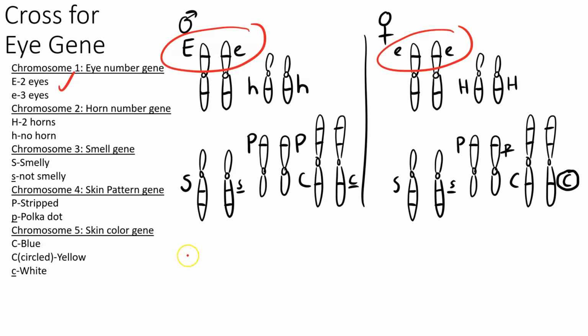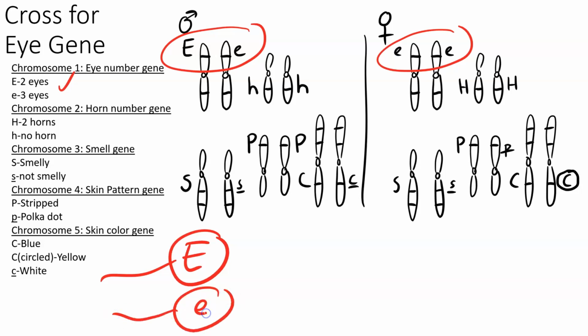So what this means is this male can create sperm that have on their chromosome number 1 either a capital E dominant allele. The other half can have a recessive allele for that I number gene on chromosome number 1. So it's a 50-50 whether or not you get capital E or lowercase e from this male as an offspring.